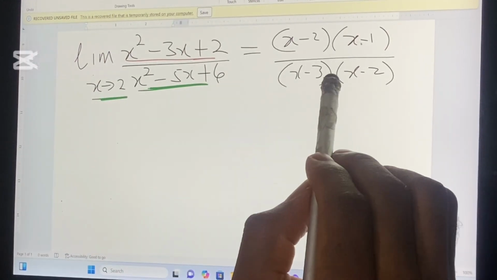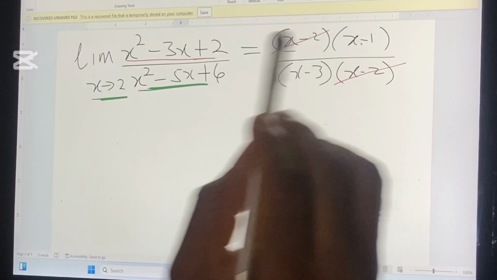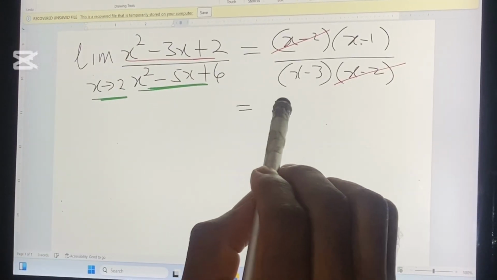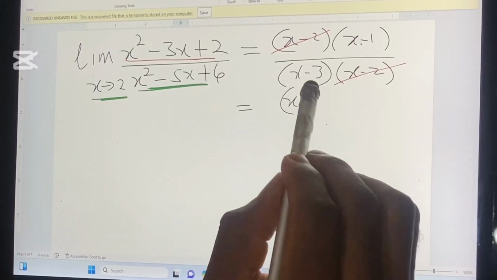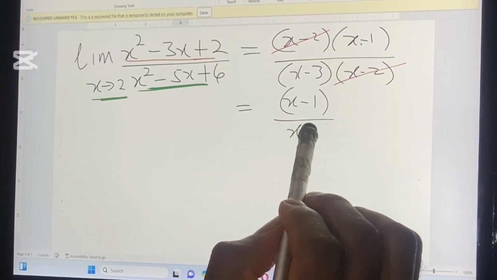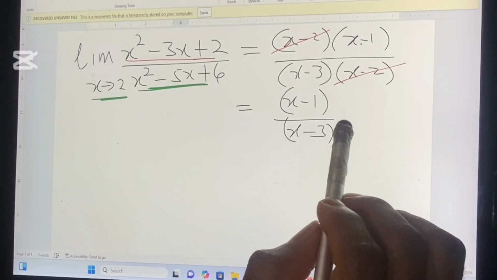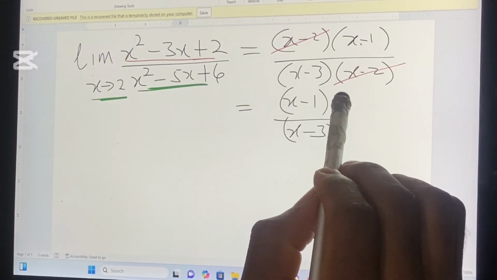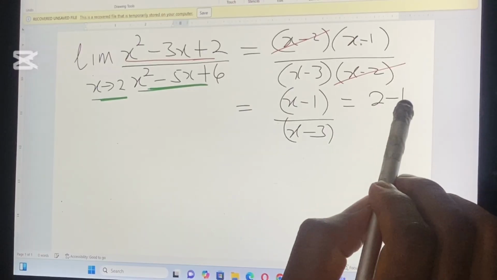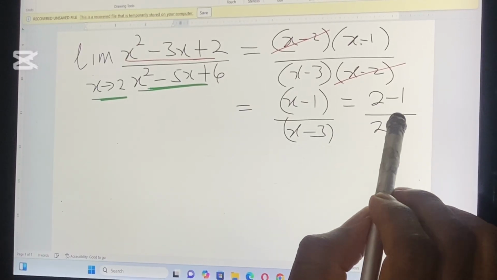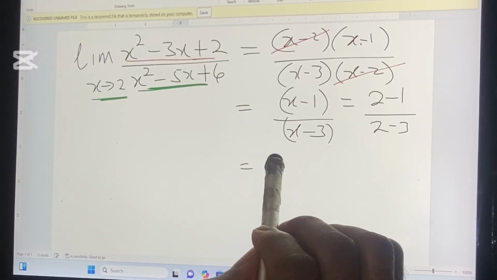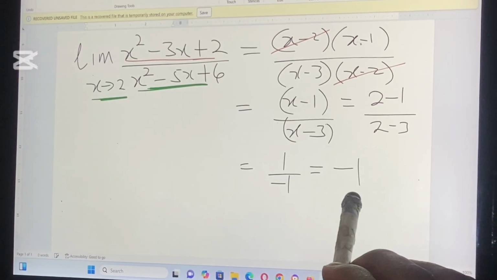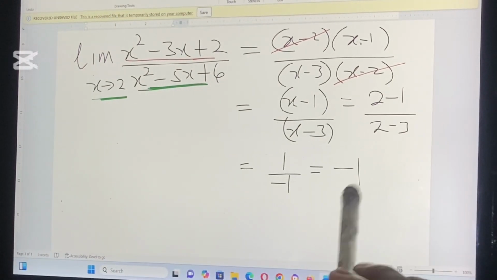So class, this guy, we cancel this guy here. I'll be left with s minus 1 over s minus 3. Please take note. Please remember that the value of s here is 2. So when you replace it, this will be equal to 2 minus 1 over 2 minus 3. So our answer will be equal to, class, 1 over minus 1. And the result here will be equal to minus 1. Please take note. So this is the answer to this, okay?